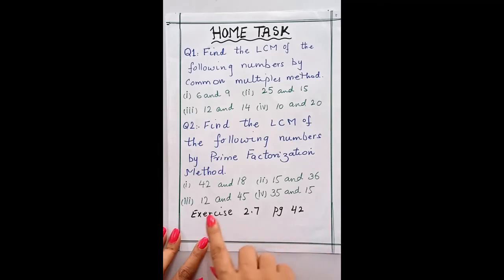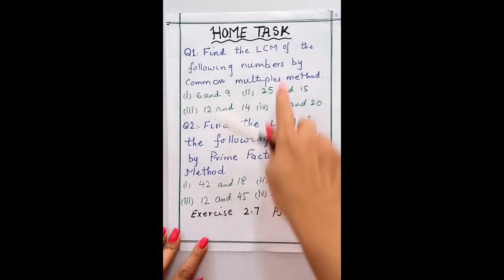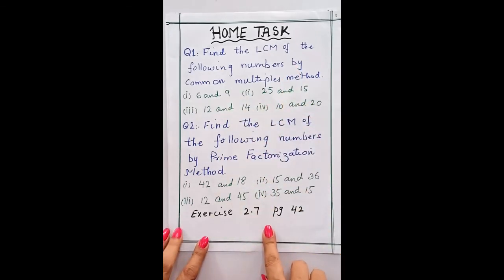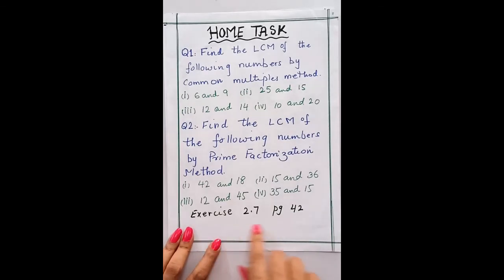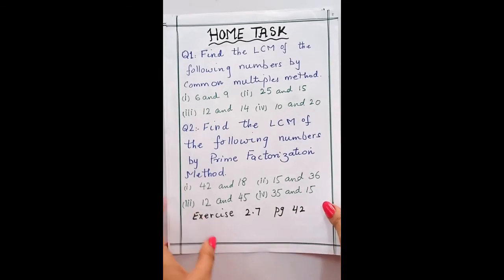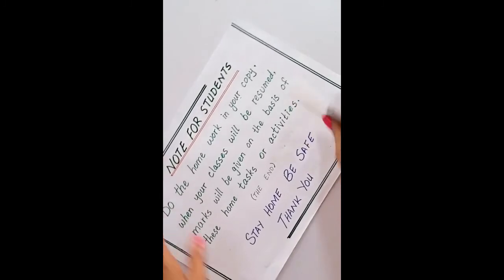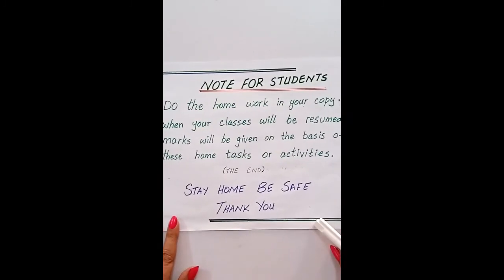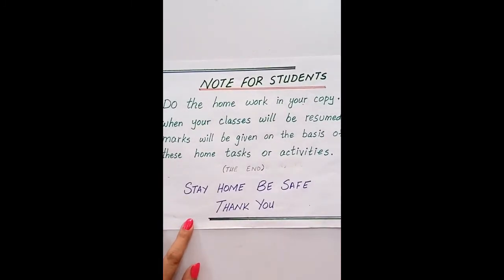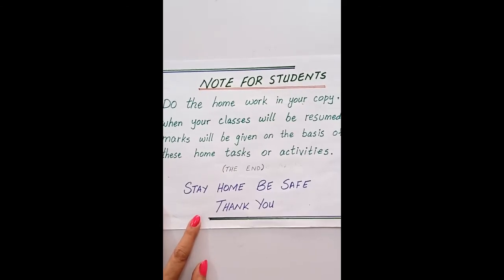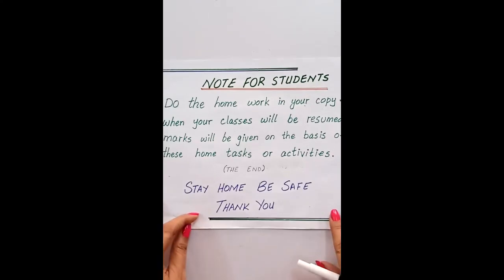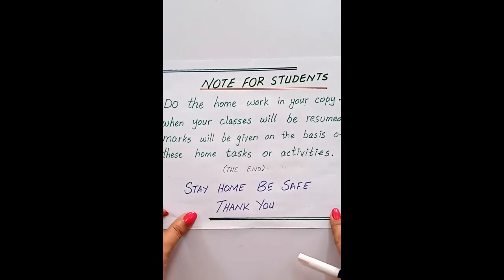And students, this homework is from your mathematics book from page 42, exercise 2.7, and you will do it in your neat copy. When your classes resume, marks will be given on the basis of these home tasks or activities.